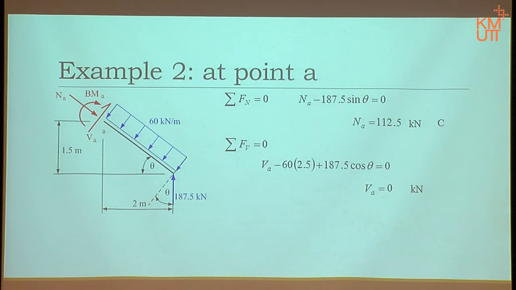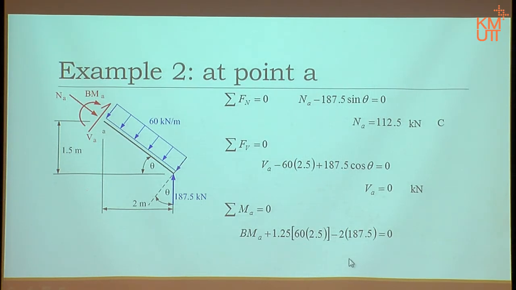That's it. Sigma moment, the same way, I take moment about this point. The 60 covers 2.5, halfway is 1.25. That's the moment. That 1.7 is vertical. Correct? Therefore, for the distance I can use the horizontal, 2 meters.